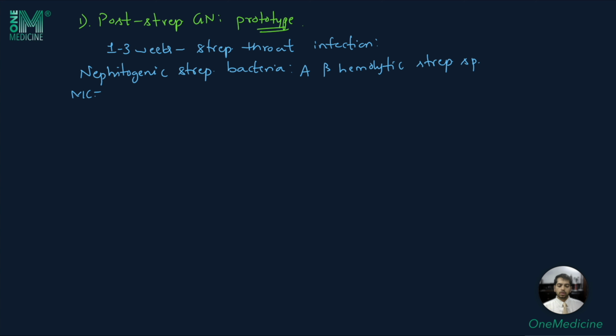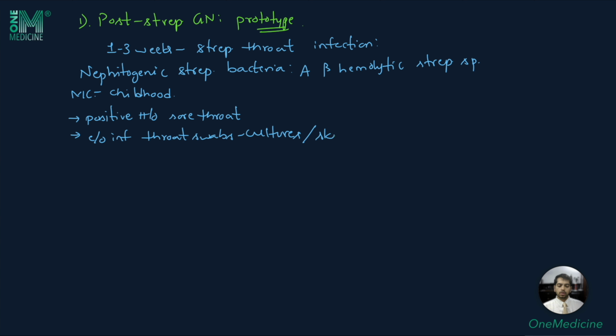It is the most common cause in childhood. Patients can have a positive history of sore throat in the prior weeks. They can also have evidence of infection in throat swab cultures or even skin culture, and elevated titers for anti-streptococcal antigens.